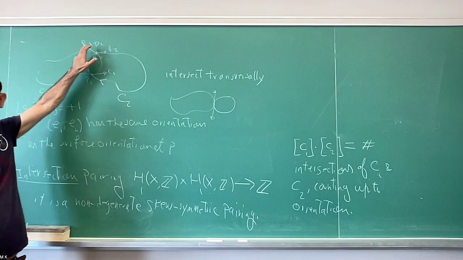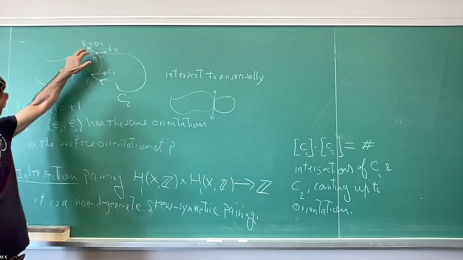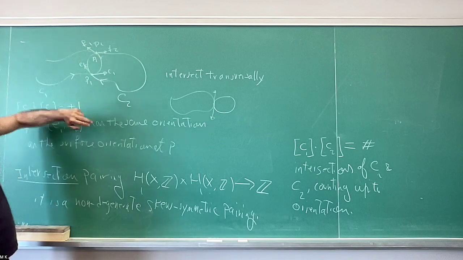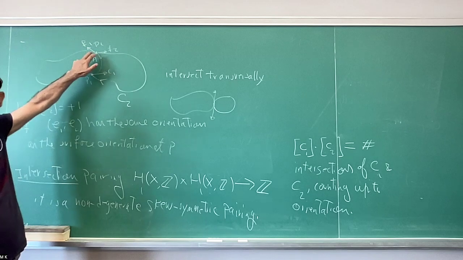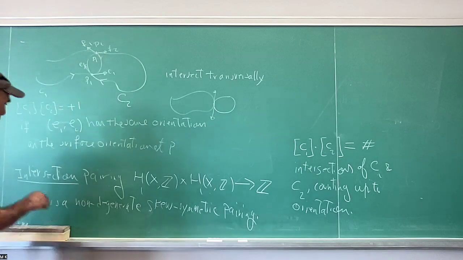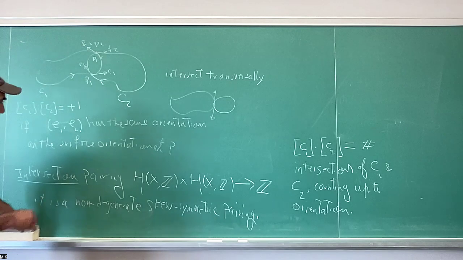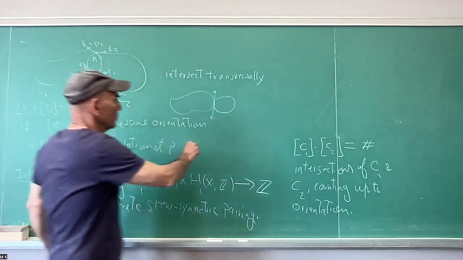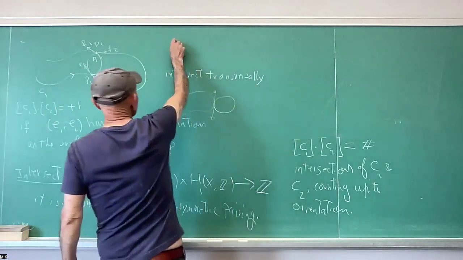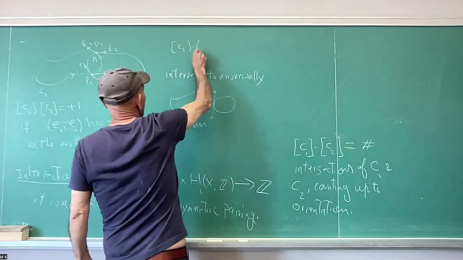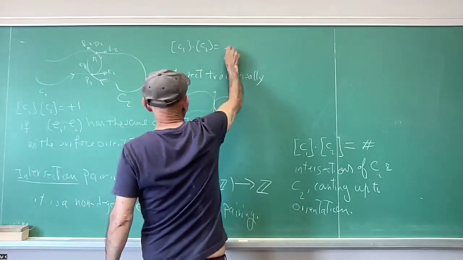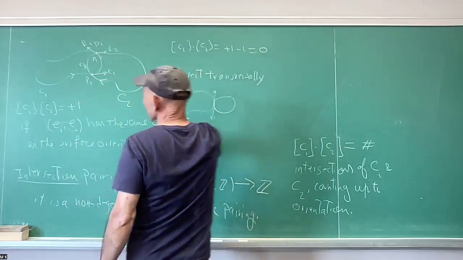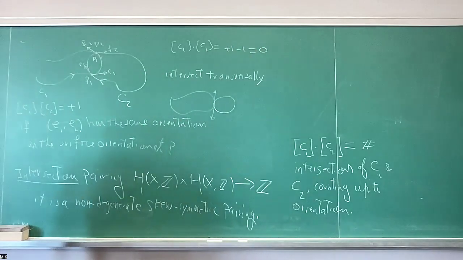The orientation of the plane is just clockwise or counterclockwise, so they have different orientations. So in this example, C1 times C2 is +1 minus 1, which is equal to 0.